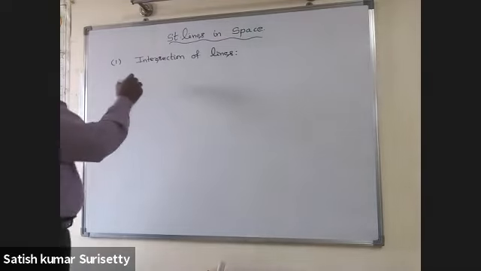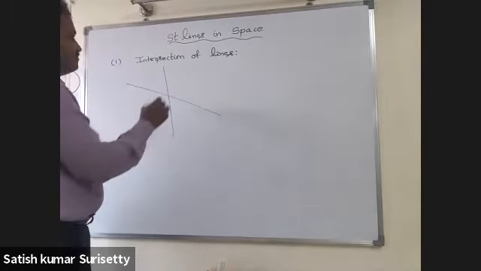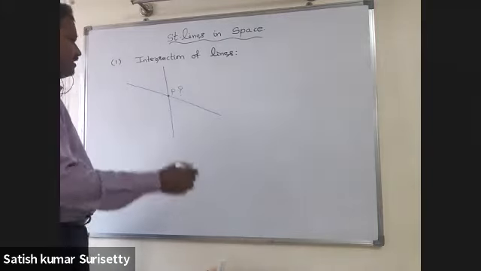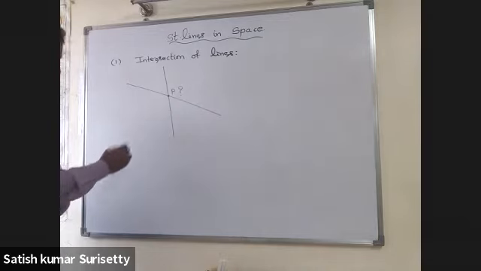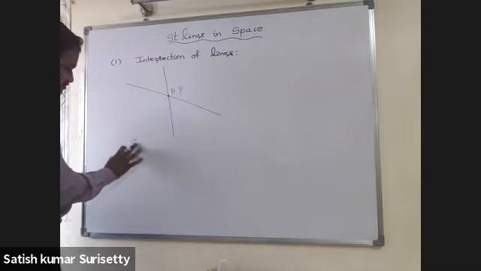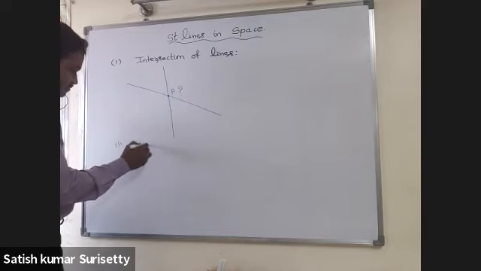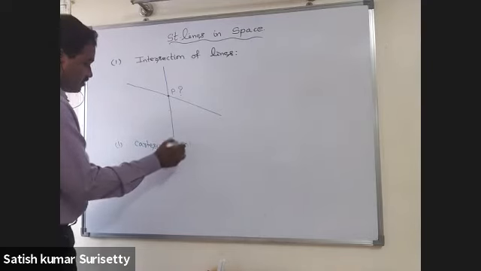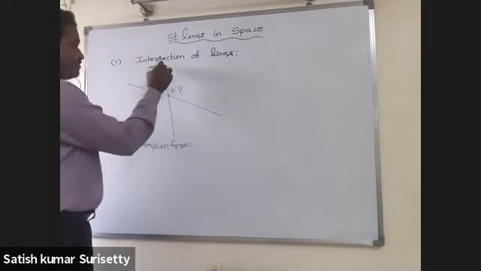In case they intersect, how to calculate the point of intersection? Again you will have two cases: one is the vector method and the other Cartesian. First one, Cartesian form.